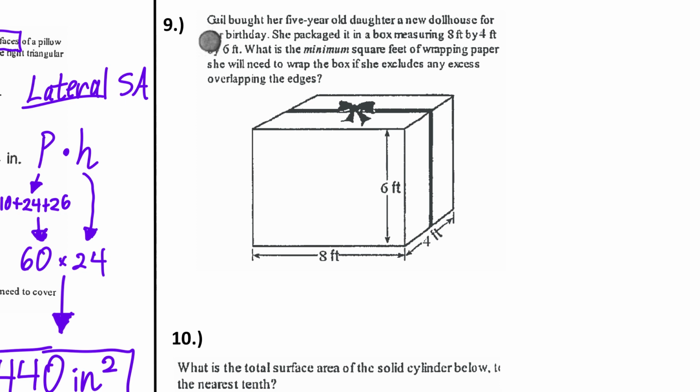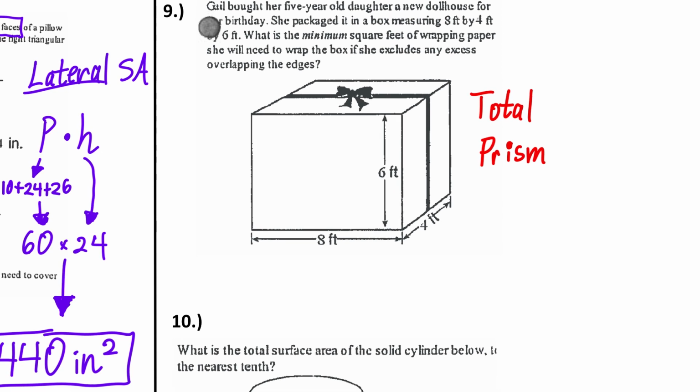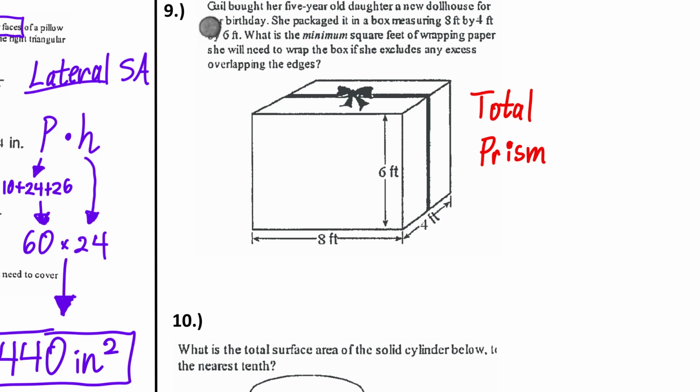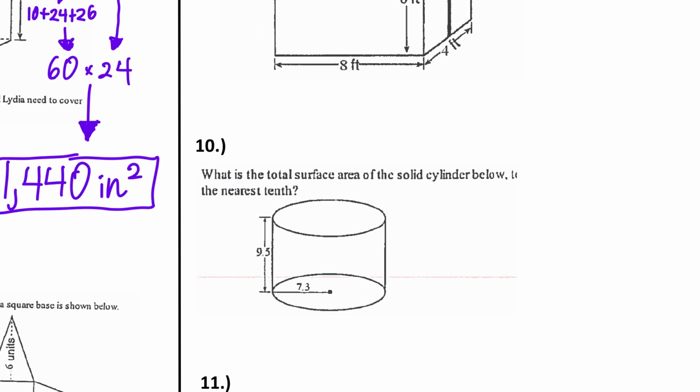It'd be dumb to wrap it if you're not going to wrap the whole thing. So this is going to be total surface area of what shape is this? Yep, it's a rectangular prism. So you're going to be looking for the total of a prism on that one. Rectangular prism, but it's a prism nonetheless.